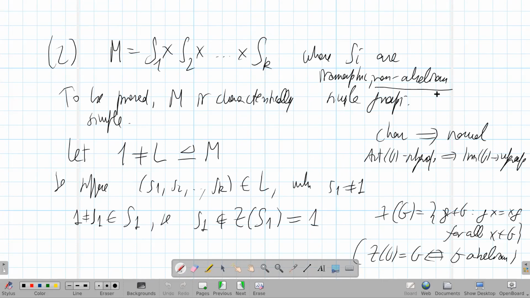So the first thing I proved is I took L to be a normal subgroup of M, different from 1, and I showed with an argument, which I went through last time, that if L is different from 1, then one of the components, there will be an element with one of the components different from 1.